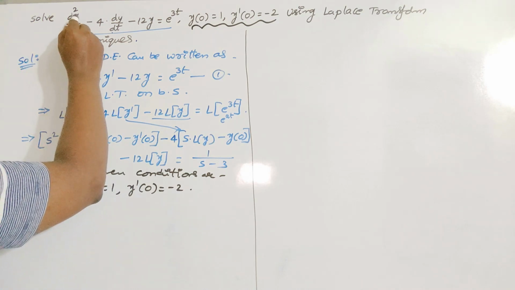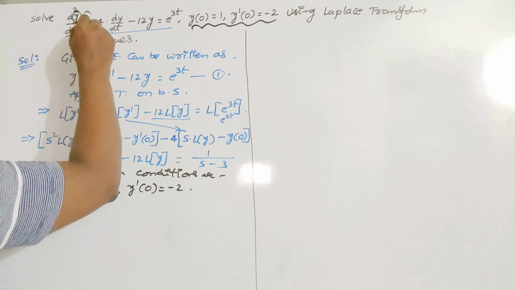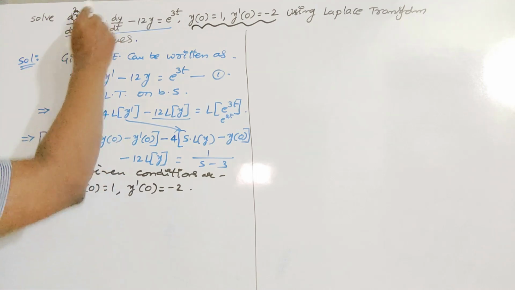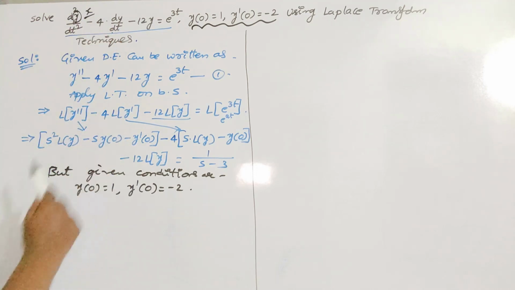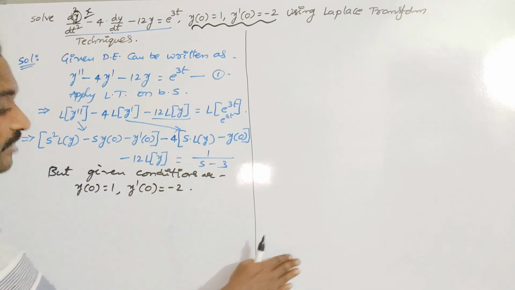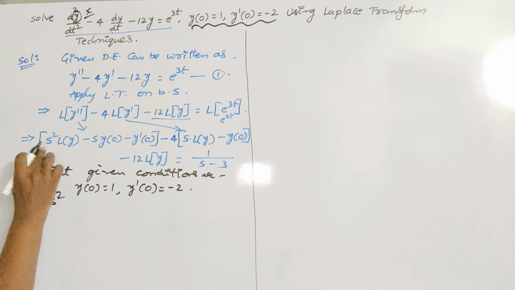Sometimes in the given differential equation, the dependent variable is given as y. Sometimes the dependent variable is given as x. In that case, we have to write the formula of L of x double dash and L of x dash, and at the end we have to find the value of x only. Since here the dependent variable is given as y, we have to find the solution for y only. Don't forget it.